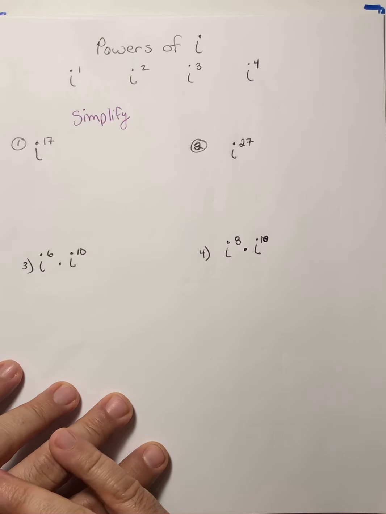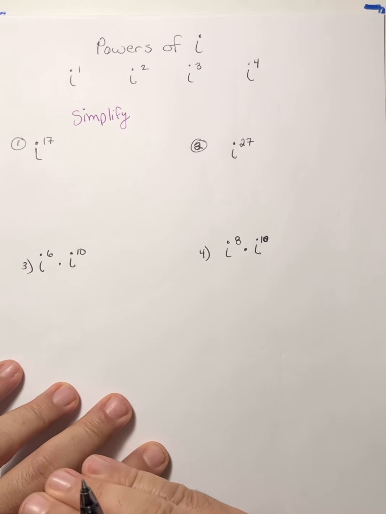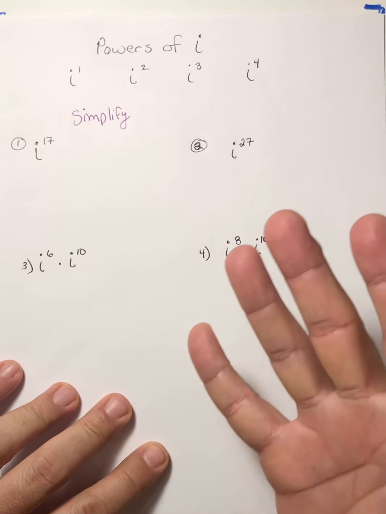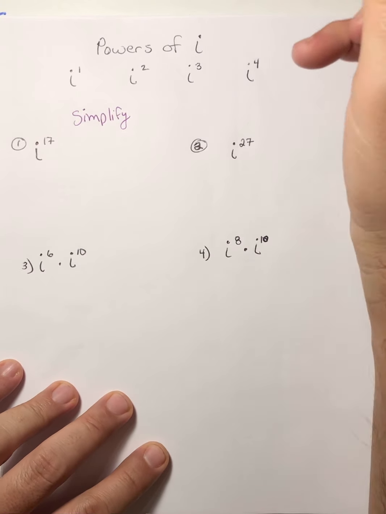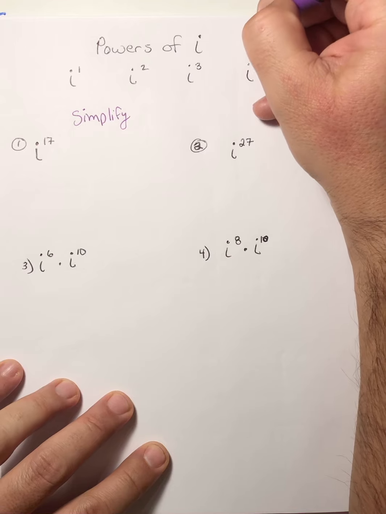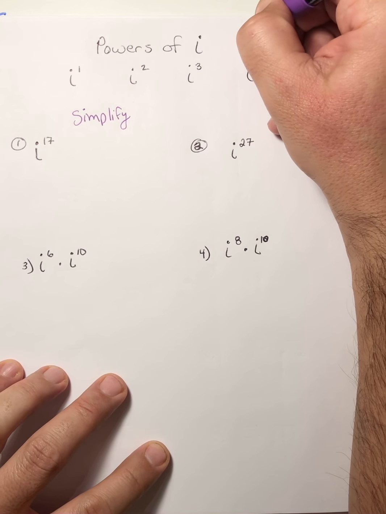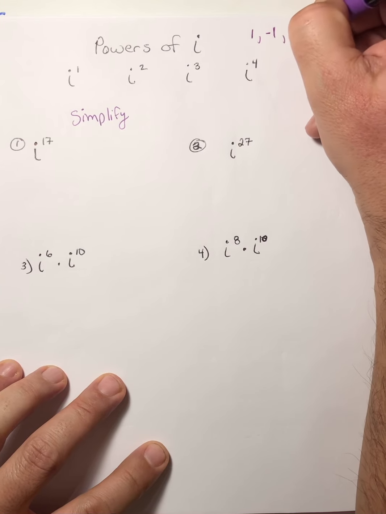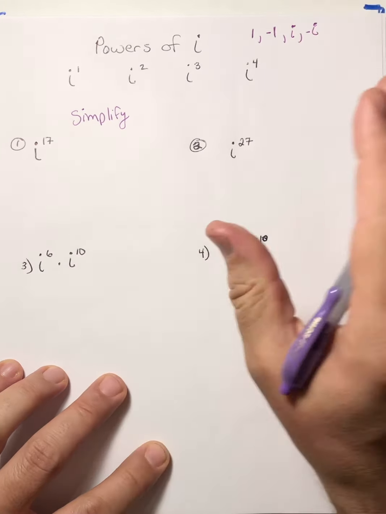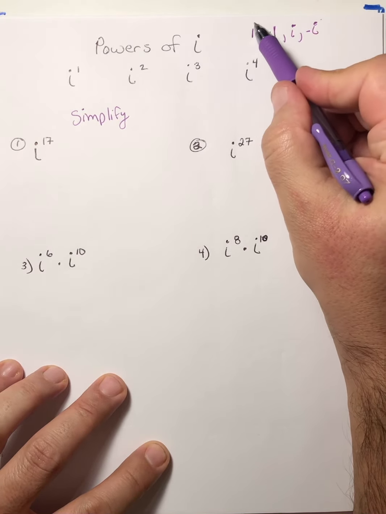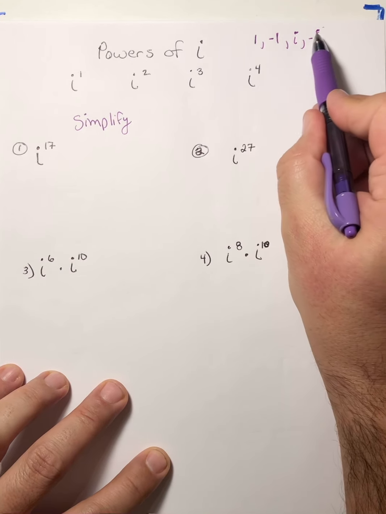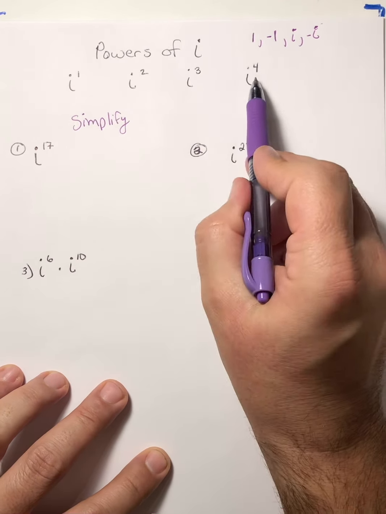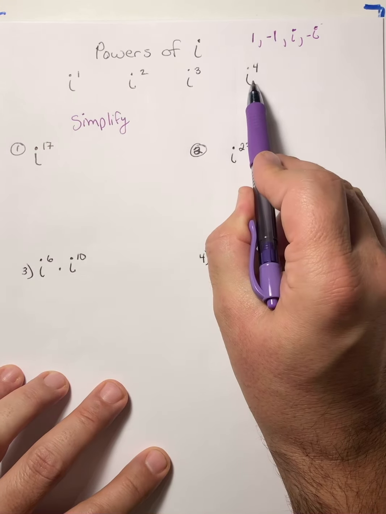All powers of I can be broken down into 4 numbers: a 1, a negative 1, an I, or a negative I. That's it. All powers of I are eventually going to become one of those 4 values. And we're going to see it with these exponents.